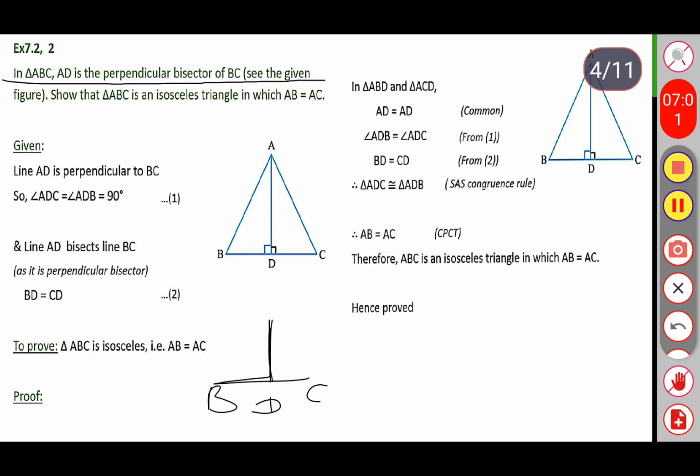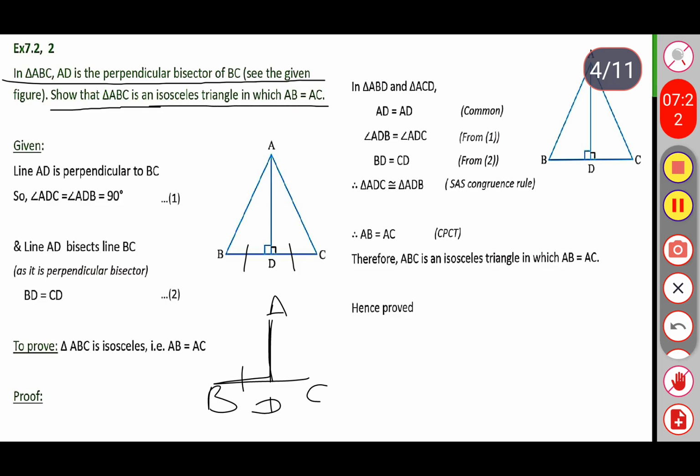Bisector of BC means AD divides the line segment into two equal parts, that is BD is equal to DC, right? So show that triangle ABC is an isosceles triangle in which AB is equal to AC.